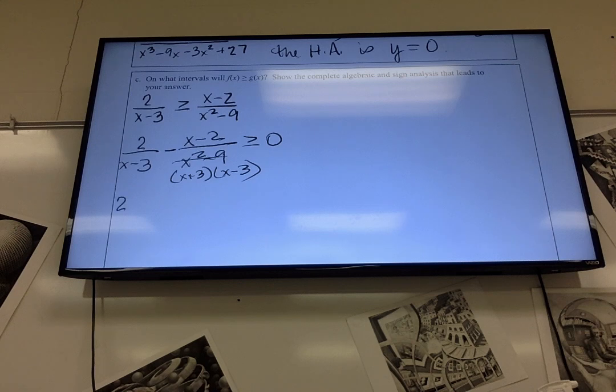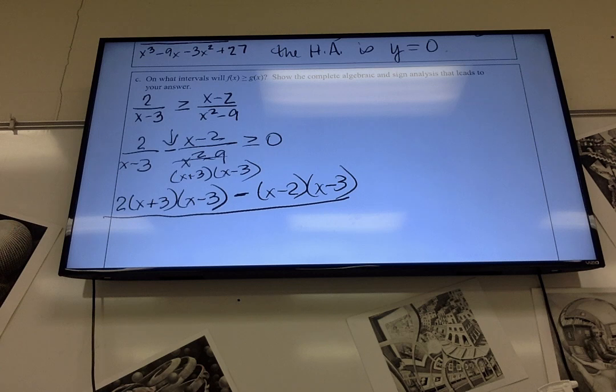So when I bow tie or butterfly, however you want to say it, 2 times x plus 3 over x minus 3. Then I have this minus sign, x minus 2 over x minus 3.